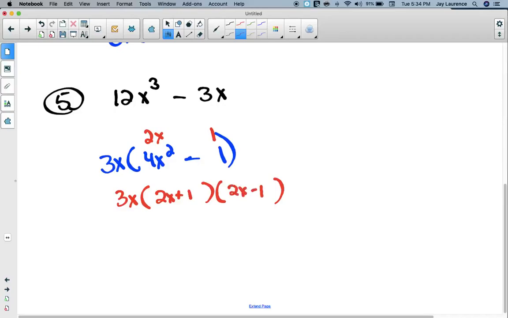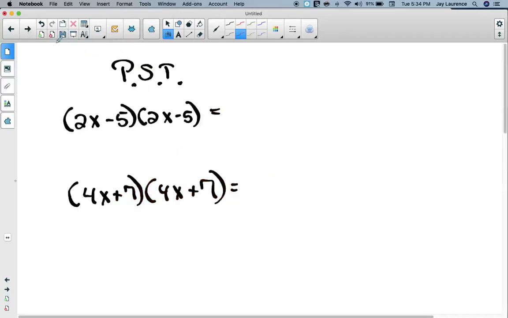So this is all review up to this point. Here comes the new stuff. The perfect square trinomial. Now, if you were in class on Tuesday, you saw how we did this, okay? If you didn't, I want you to double distribute. I want you to multiply the 2x by both the 2x and the negative 5, then multiply the negative 5 by the 2x and the negative 5.